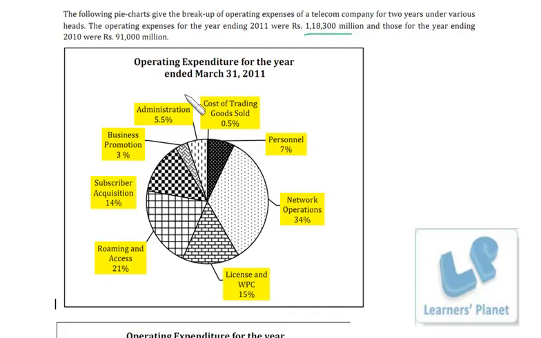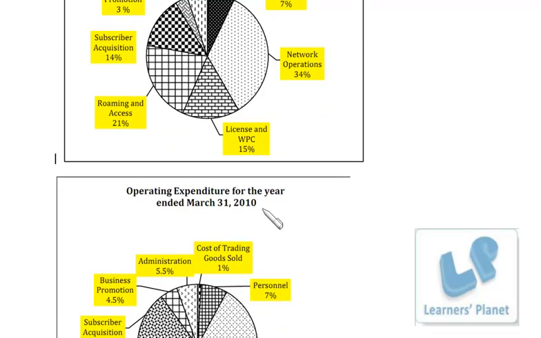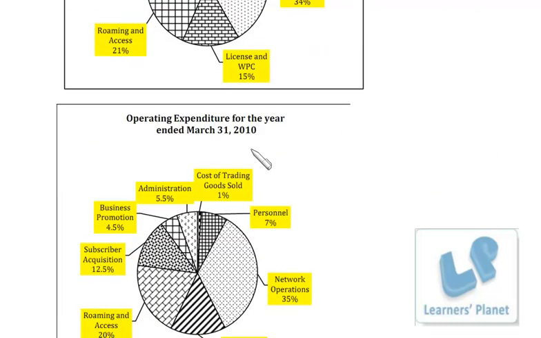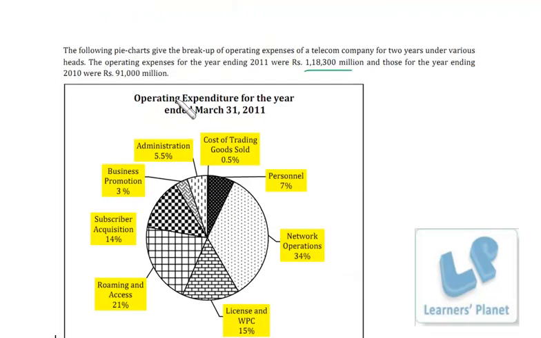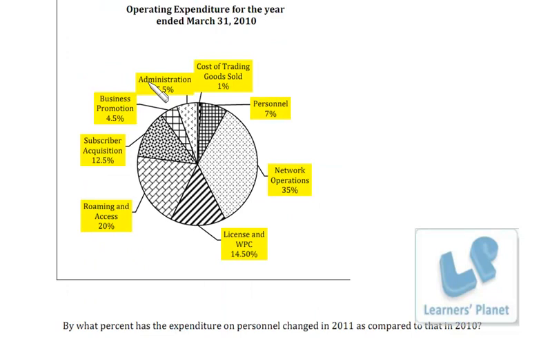Okay, so that's operating expenditure for the year ended 31st March 2011 under various heads, and here it is 31st March 2010. Right. In 2011, the total expenditure was 118,300 million, and in the previous year the expenditure was 91,000 million. Just two questions are there with this set precisely. So let's see the first one.